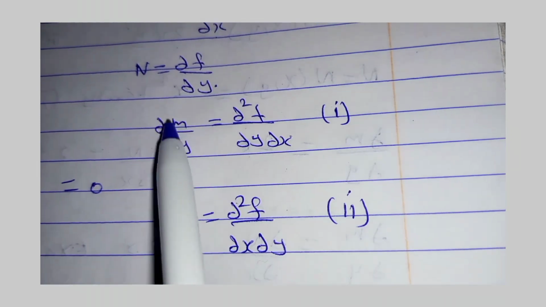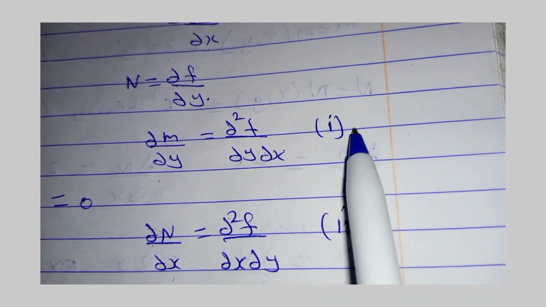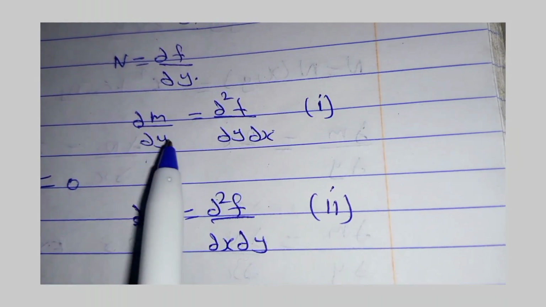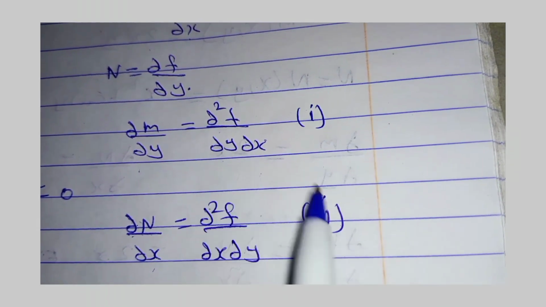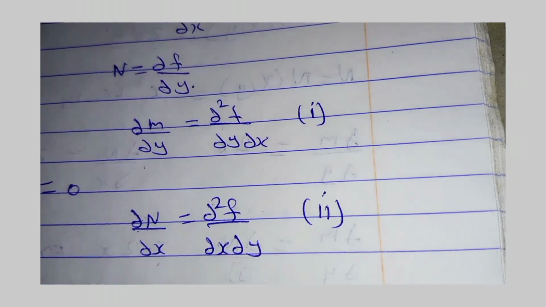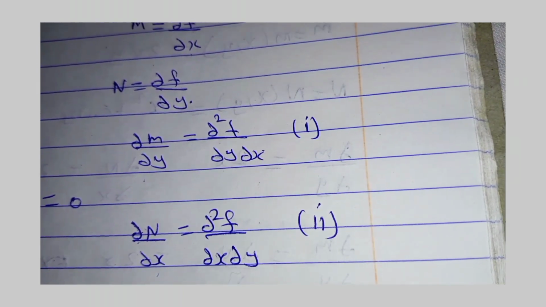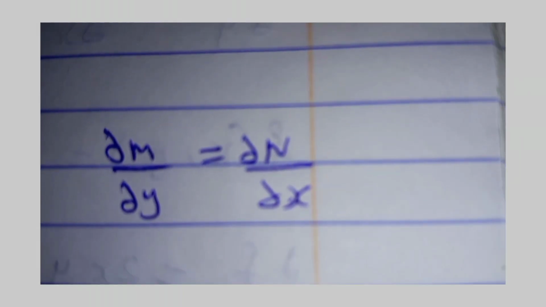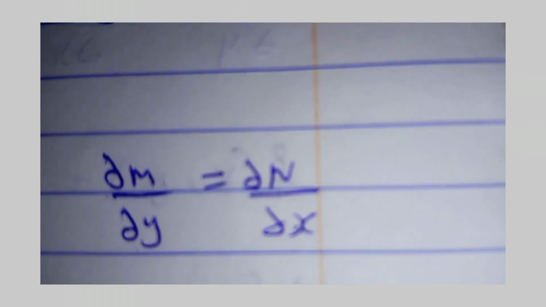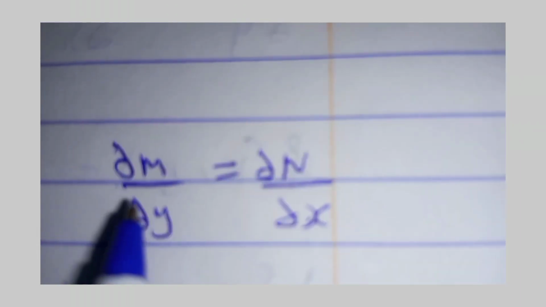Now, when you compare these two, clearly you can see that the right hand sides are equal, meaning that the left hand sides can also be equated. So, we equate them. After comparing, partial of M with respect to y is equal to partial of N with respect to x. And this is the necessary and sufficient condition for an equation to be exact.